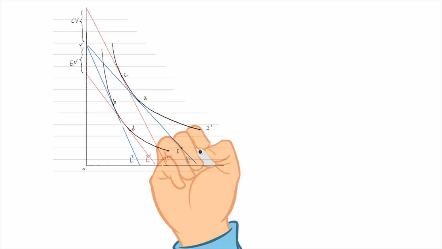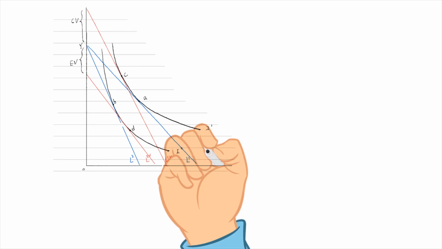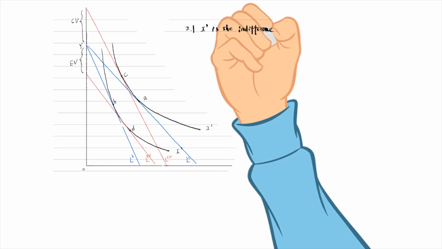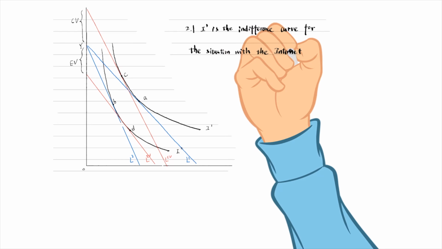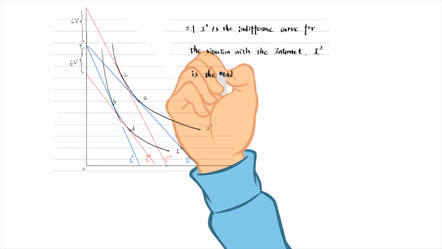The graph is as follows. I1 is the indifference curve for the situation with the internet. I2 is the indifference curve for the situation without the internet.